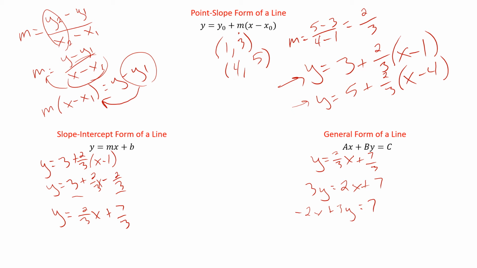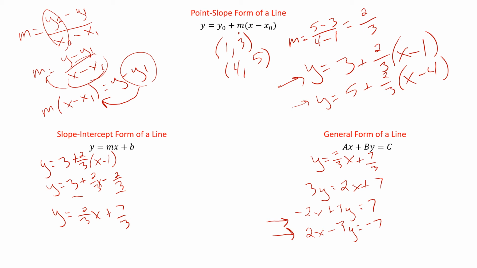Sometimes that number can't be a negative, so we'd end up with 2x minus 3y equals negative 7. I mean, these two are essentially the same, but that first number being positive is sometimes important depending on what curriculum you're looking at.